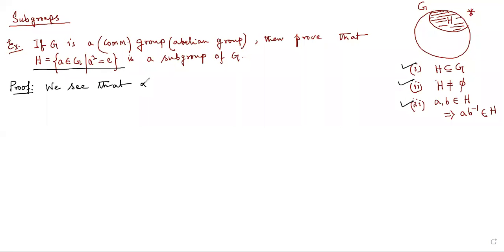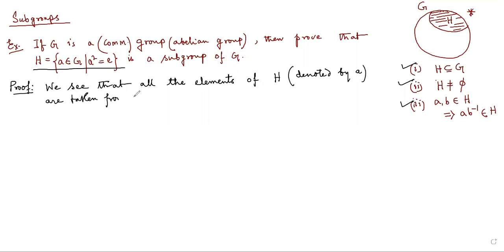So we see that all the elements of H, which we denote by a, are taken from the group itself, having some special property.